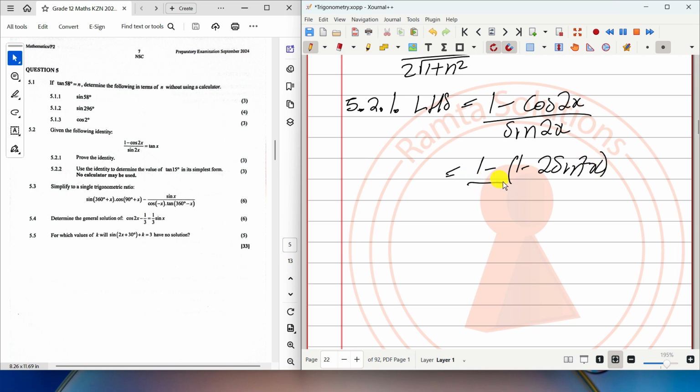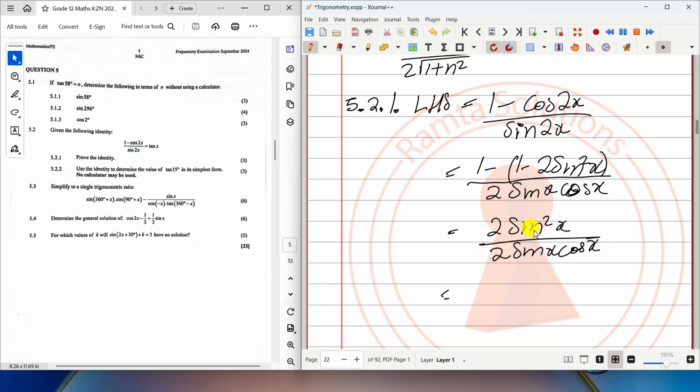I think this one is easy to manipulate. And the double angle at the bottom, sine 2x, we know it is 2 sine x cos x. Now what is this? This is 1 minus 1, isn't it? It is 0. So we are left with 2 sine square x over 2 sine x cos x.